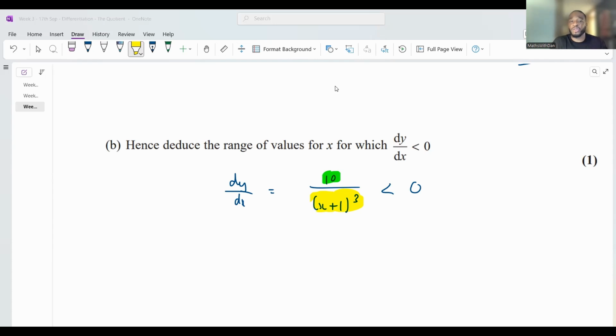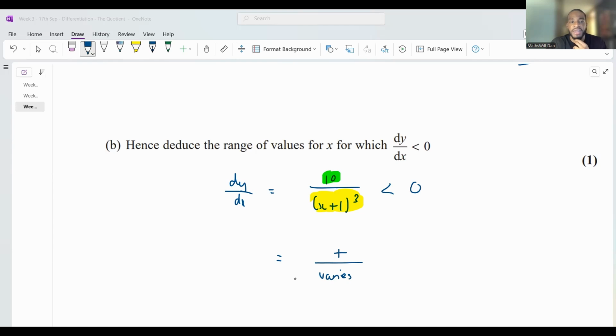Exactly, the denominator, right? The numerator is a constant 10. That is a positive number. So I could write this essentially as something positive divided by something that varies. So the sign of this fraction depends solely on the denominator. We don't care about the numerator if we're looking at the sign. Does that make sense, guys? Everyone just tell me yes or no.